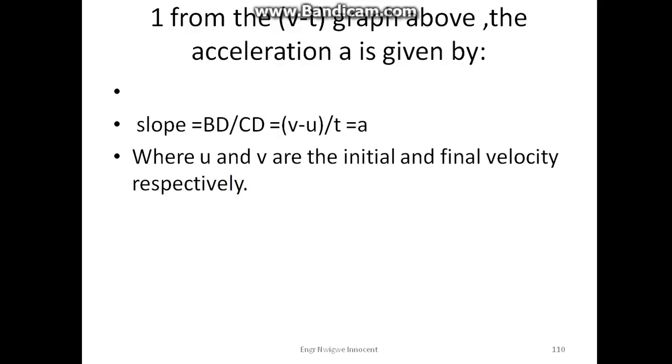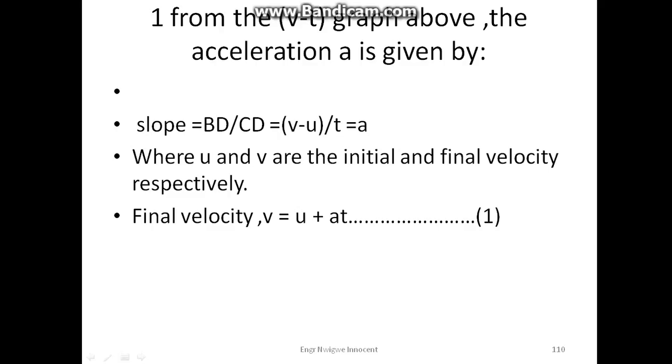From the velocity time graph above, the acceleration a is given by the slope, which is equal to BD over CD, which is equal to v minus u over t, which is our acceleration a, where u and v are the initial and final velocity respectively. Making final velocity the subject of the formula, we have that v is equal to u plus at, which is still our equation 1.